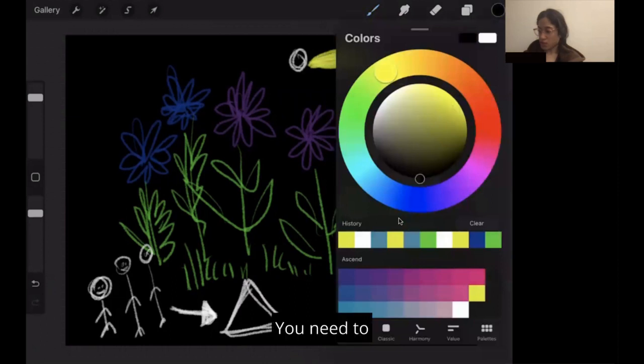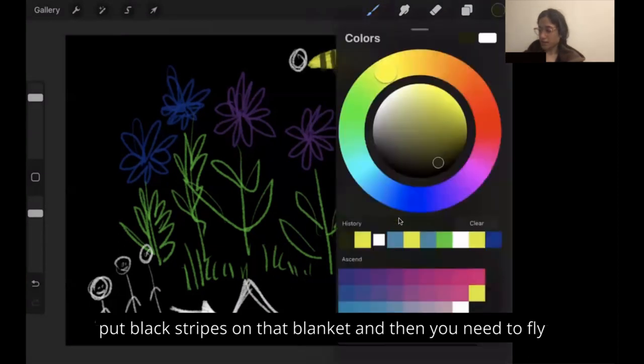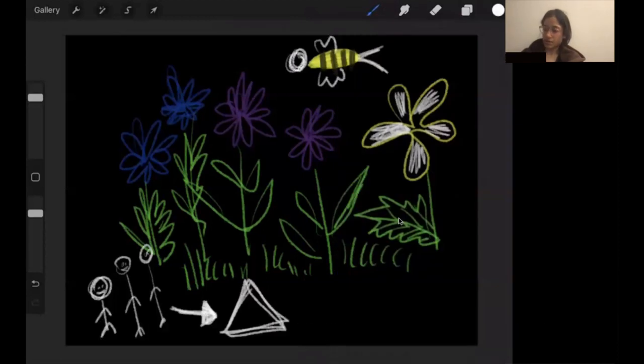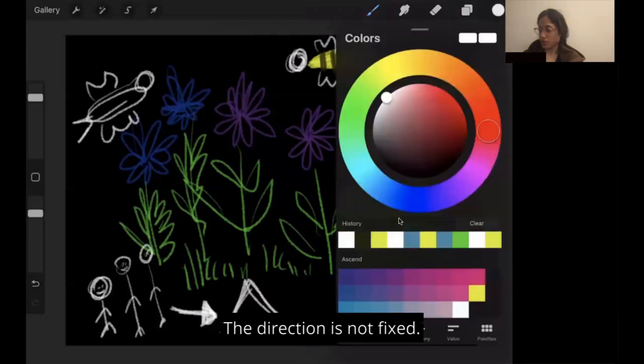You need to put black stripes on that blanket, and then you need to fly around. In any direction you can fly, the direction is not fixed.